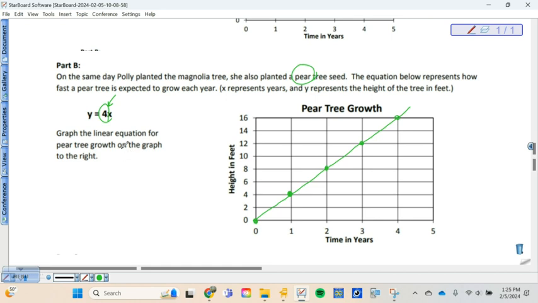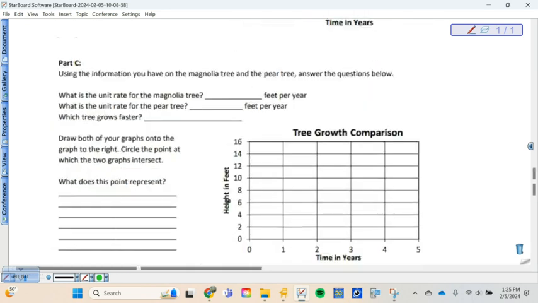It's the slope, the rate it's growing per year. And what is the y-intercept? Why is there no y-intercept? Why doesn't it say plus b? Because it starts at 0. Starts at 0 height, right? So plus 0.